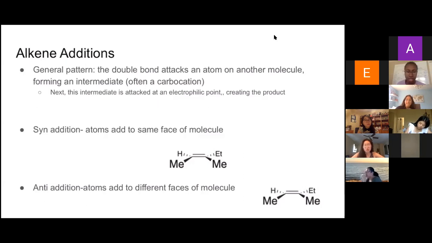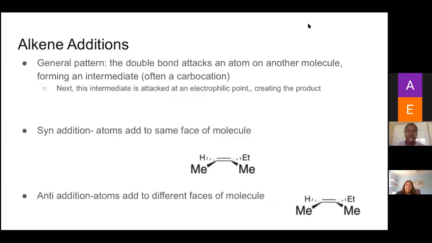Two different types of addition that you're going to need to learn about include Syn addition and anti-addition. In Syn addition, we have atoms that add to the same face of the molecule. So I'm sure that you're used to seeing alkenes like this, and here this alkene is written so that we're looking at it straight on. Like pretend the alkene is like my hand and you're looking at it just like this.